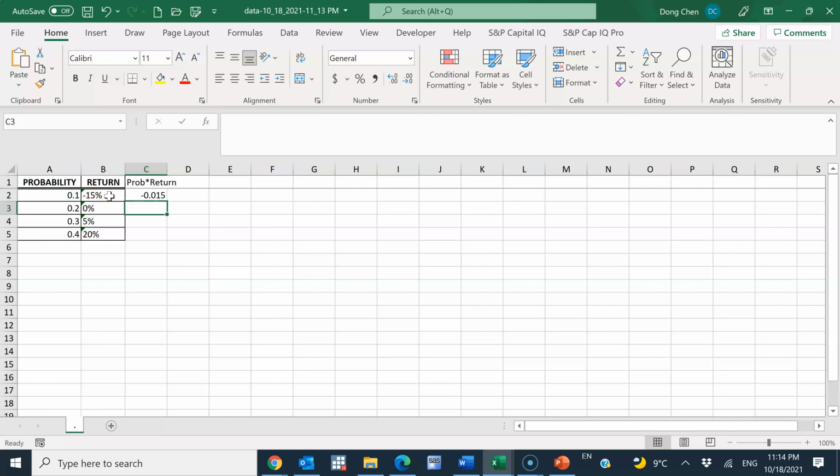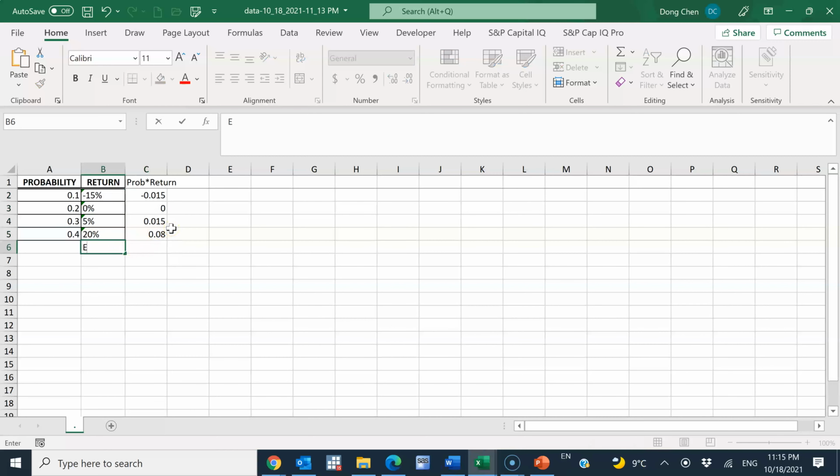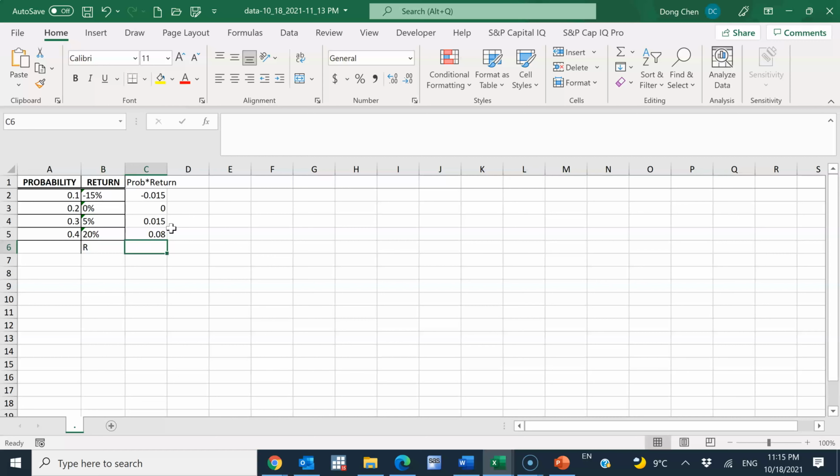And that also shows the convenience of using Excel, because now while I calculated the first product, I can just drag the cell to the other economy states, and Excel will automatically calculate the products for me. So now I can calculate the ER or the R for this stock that represents expected rate of return.